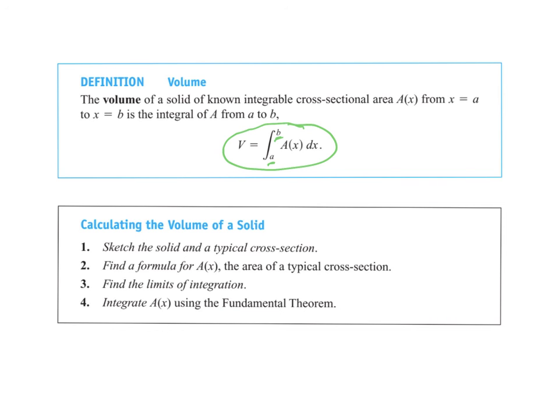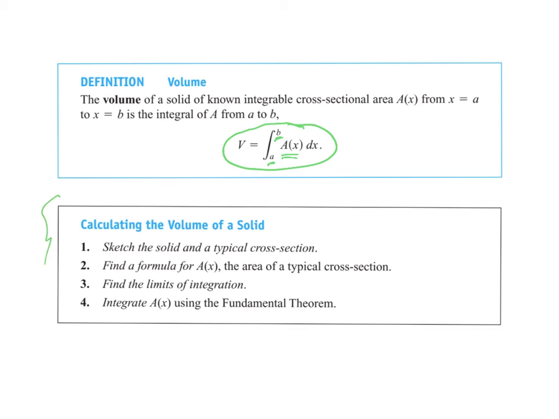So you always integrate from left to right when you're going along the x-axis. Those a and b's are the boundaries of our interval. Those are our numbers. And then A of x is the formula that we found. You just dump them into a definite integral. And for what we're doing as we introduce this concept, you're just going to crank it out with your graphing calculator. No need to do the fundamental theorem.